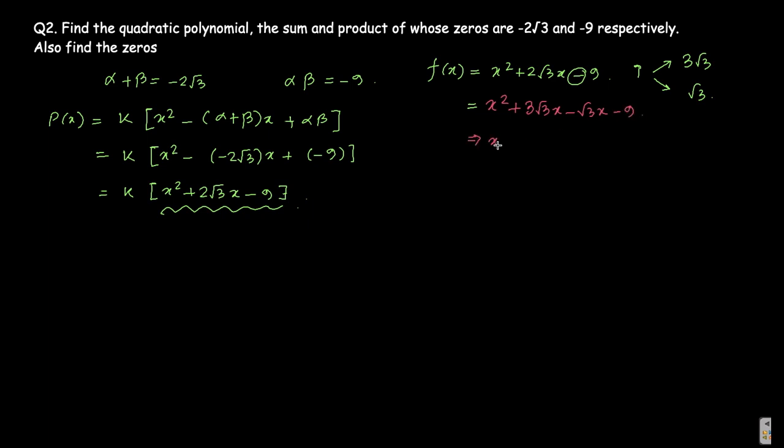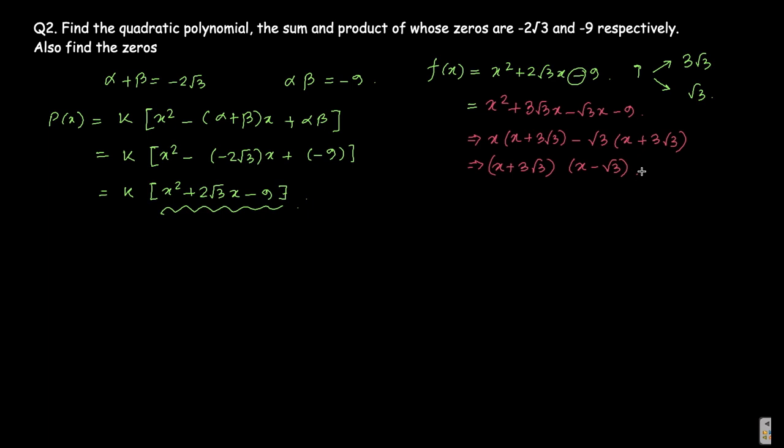We can take x common, x plus 3 root 3, and minus, again taking root 3 common, it becomes x plus 3 root 3. So it is x plus 3 root 3 into x minus root 3.